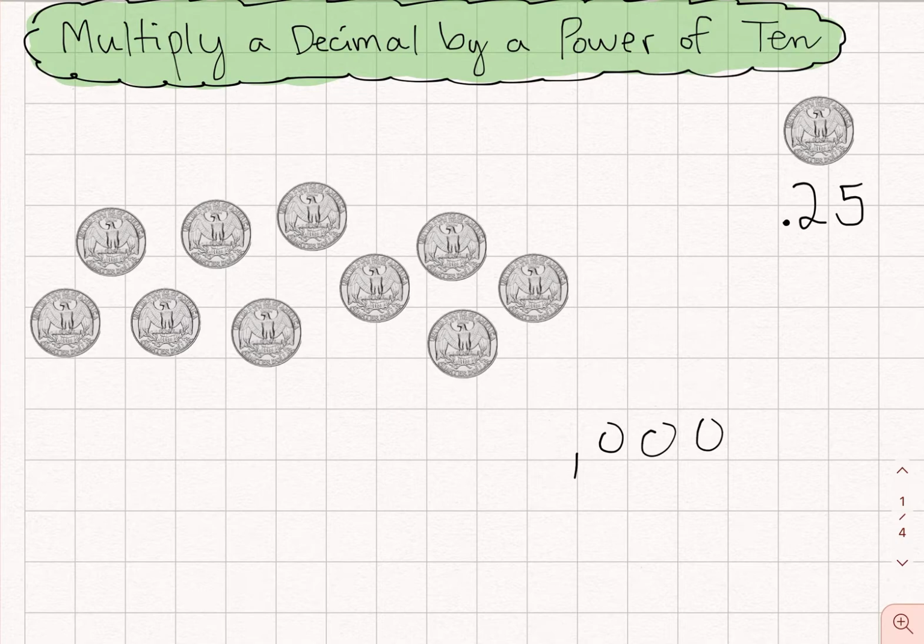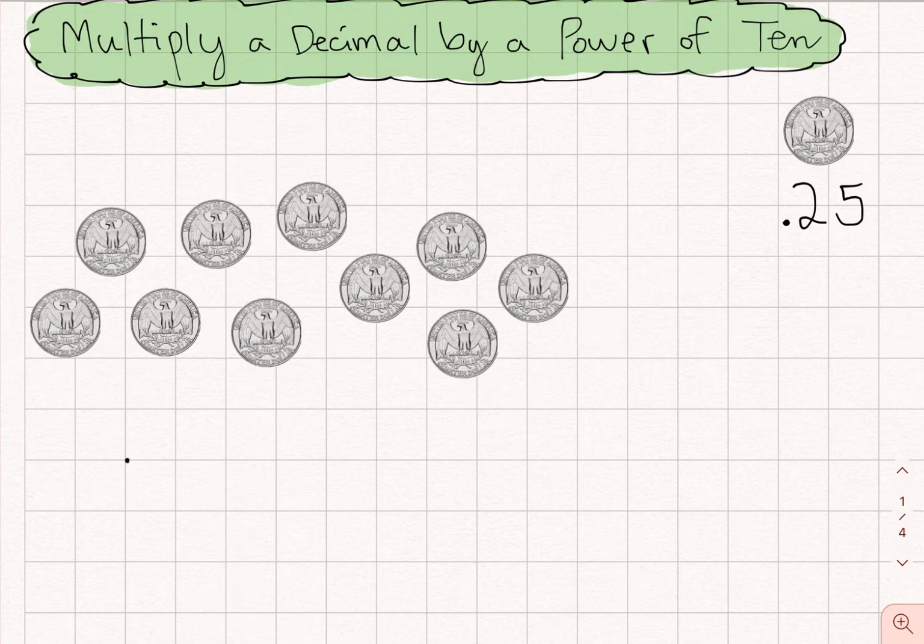Okay, so let's try using that to multiply a decimal number. To begin with here, let's take a look at this quarter, 25 cents. Now here, I have multiplied 25 cents by 10. That looks like this.